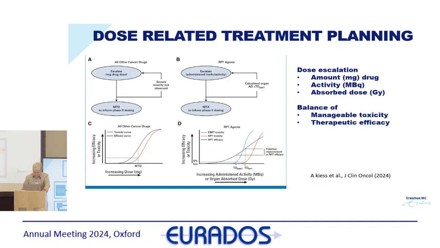And we try to get some ideas on how dose escalation studies, which now are mostly based on how normal drugs are being escalated, so amount of drug, and that's used as the activity escalation, as I showed with the phase 3 trials, and essentially you want to go to escalation in absorbed dose.